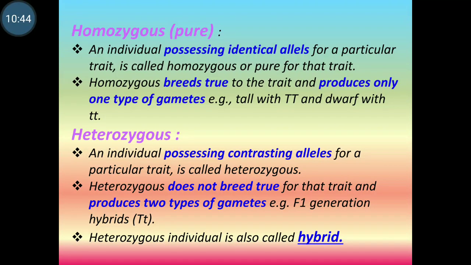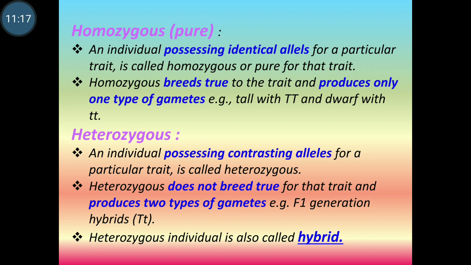Homozygous or pure. An individual possessing identical alleles for a particular character is called homozygous or pure for that trait. Homozygous breeds true to the traits and produces only one type of gametes. For example, tall with both capital T and dwarf with both small t. Heterozygous, an individual possessing contrasting alleles for a particular trait is called heterozygous.